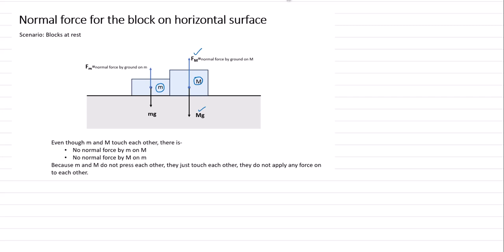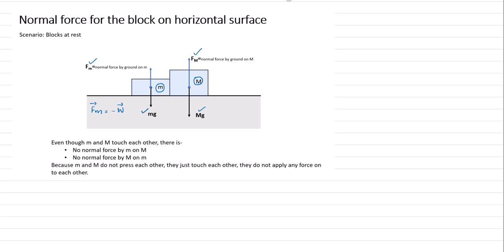Use the same logic for the smaller m, where Fm will be the normal force by the ground on the smaller m, which will in turn be balanced by its own weight given by mg. So Fm will be equal and opposite to the weight.